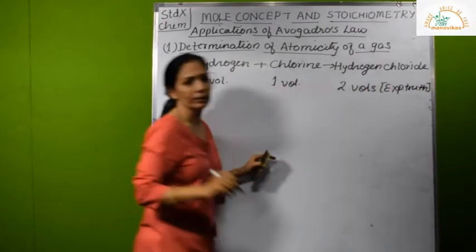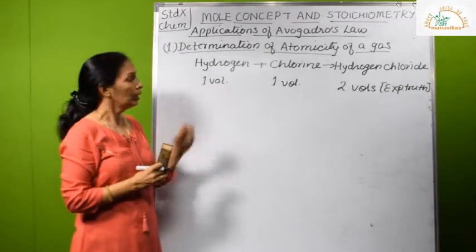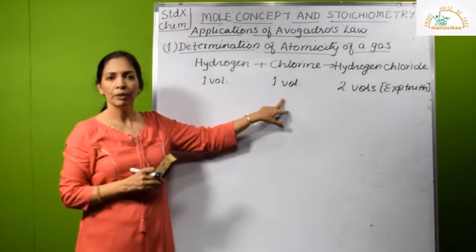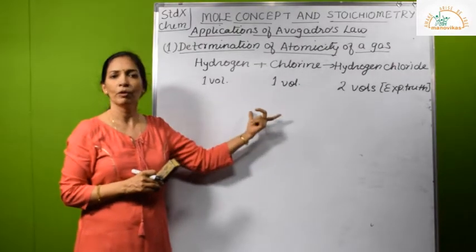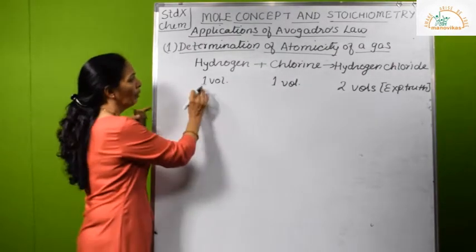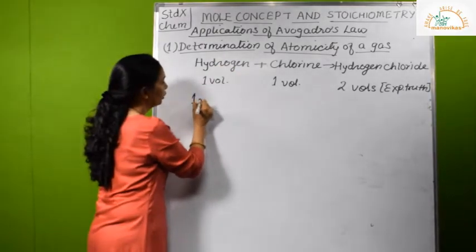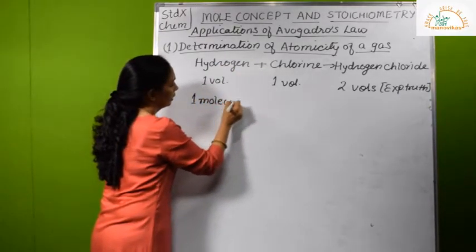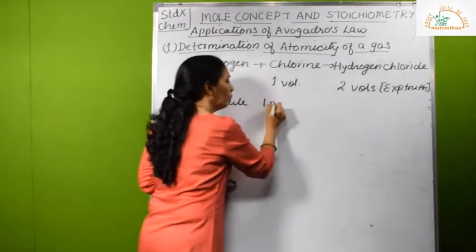Found experimentally. Now we will apply Avogadro's law to this. They all are at similar conditions of temperature and pressure. So same volume, so same number of molecules. Let us suppose we assume 1 volume of hydrogen contains 1 molecule. Then 1 volume of chlorine will also contain 1 molecule.